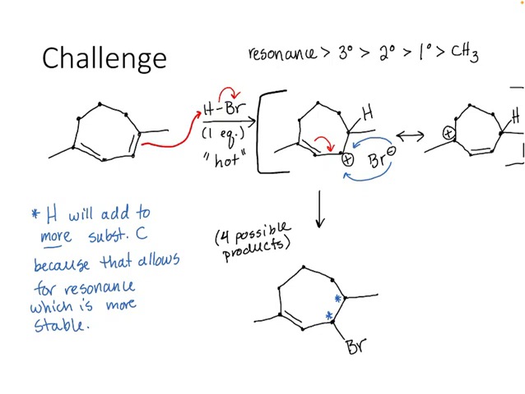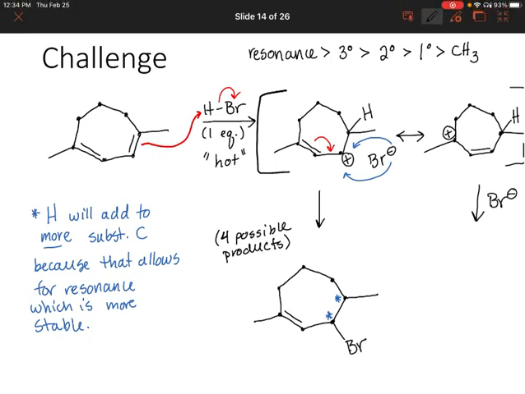All right, so now let's look at our other products. So in this scenario, bromide will add to, again, that positive carbon. And it could add from above or it could add from behind. So let's see, 1, 2, 3, 4, 5, 6, 7.